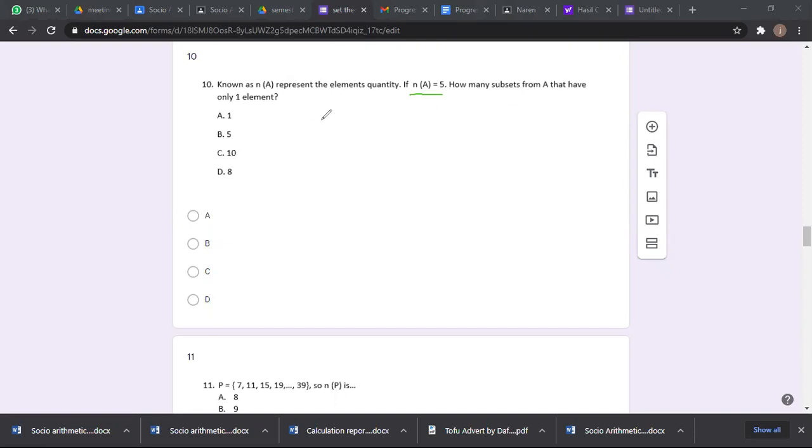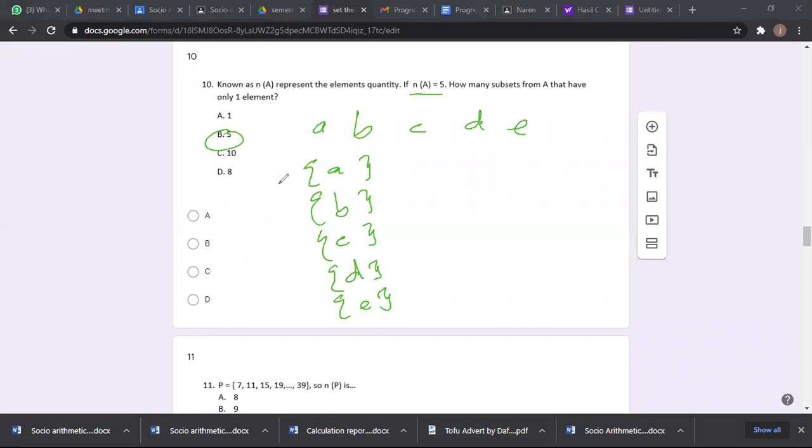Let's say the set is A, B, C, D, E. So the subsets with one element are like this. So we have 5. That's why sometimes you need to find the subsets by listing the elements one by one, or sometimes we can find out how many subsets with the formula. You have to know all of them.